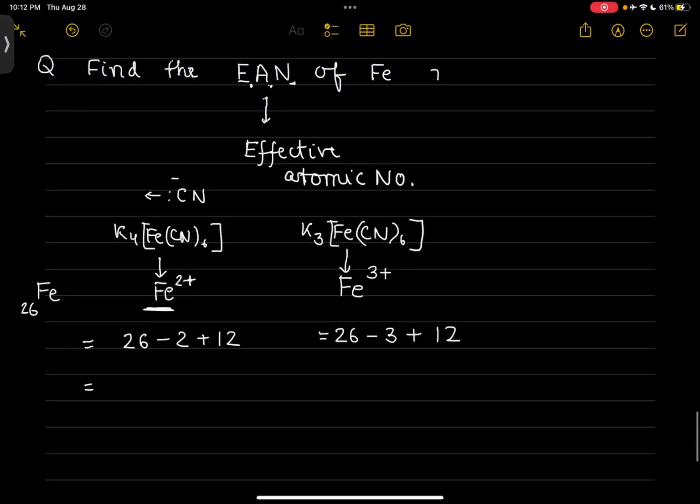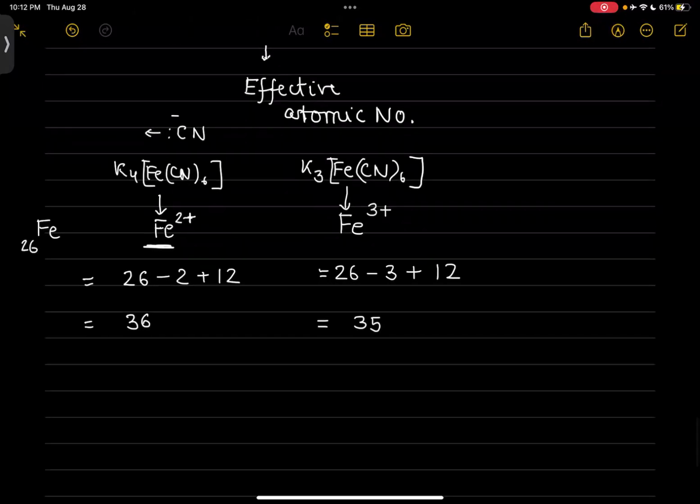In the left hand complex, Yogita, how many will there be? 36, right? Yes. And this is going to be 35. Exactly.